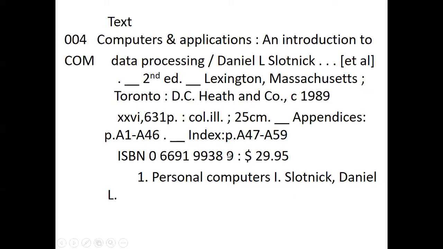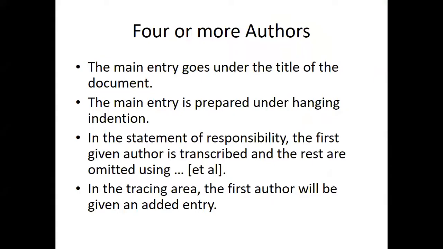So I'll go back to the slide to read again. The main entry goes under the title of the document when we have 4 or more authors. And when that happens, the main entry is prepared under hanging indention.